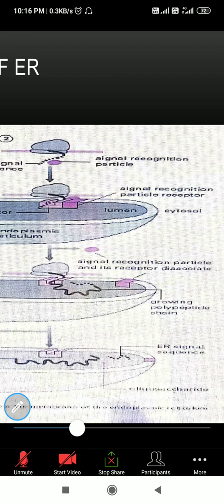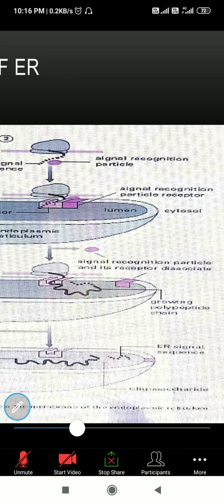The binding of the particle to its receptor releases the SRP from both the ribosome and the signal sequence. That is, when the SRP gets attached to its receptor, the SRP is released from both the ribosome as well as the signal sequence.